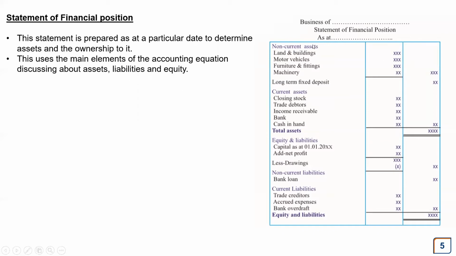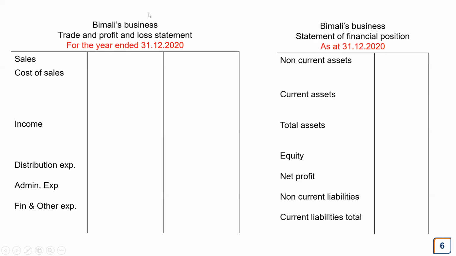First we record non-current assets, then current assets, and we write the total. Then we see whether the total of equity and liabilities equals this total of the assets. If both tally, it means that our accounting method was correct, and we have properly kept the records. So this is how you have to put your formats.